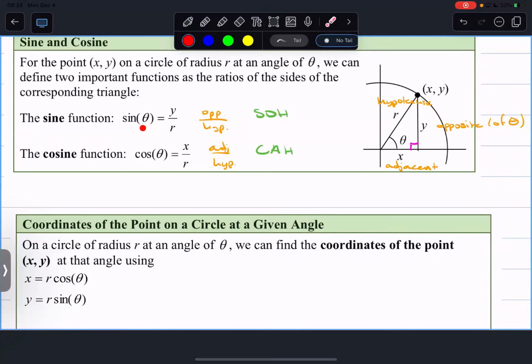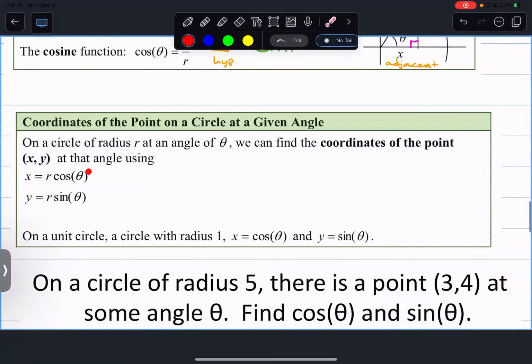Solve for x by multiplying r over to cosine. So then I have x is the cosine of theta times r. They're in here, that's why I didn't write them down. So on a circle of radius r at an angle of theta, we can find the coordinates of the point at that angle by using x is r cos theta and y is r sine theta.